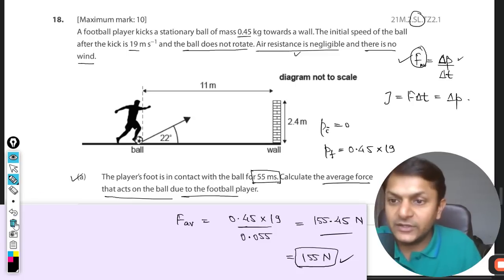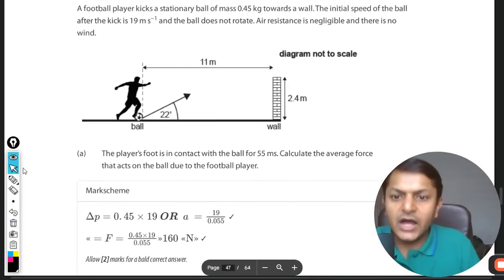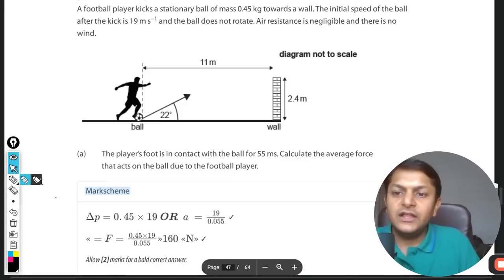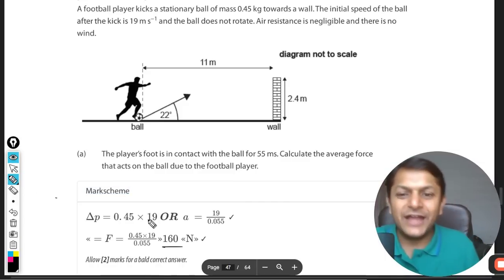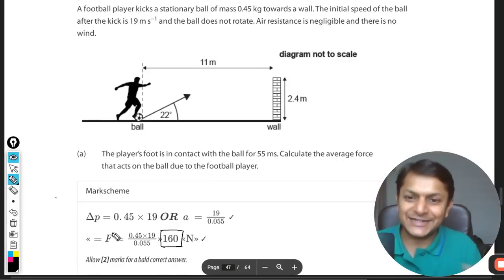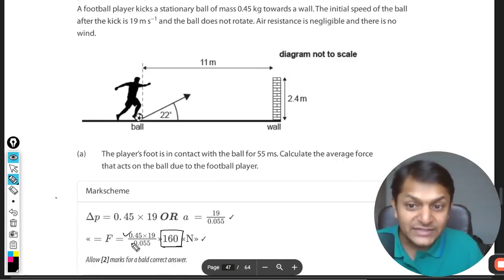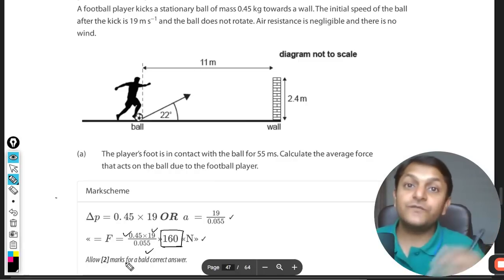Let's see what is the answer given in the mark scheme. Do you see this? They are not writing it as 155, they're writing it as 160 because you want to have two significant figures. Otherwise, everything is the same. The mass is 0.45 and the velocity is 19. The time is this, exactly what we have done.